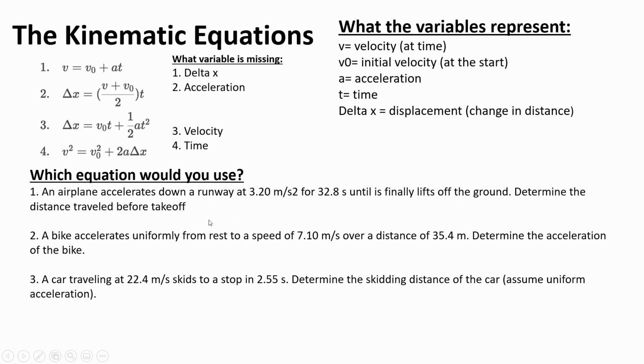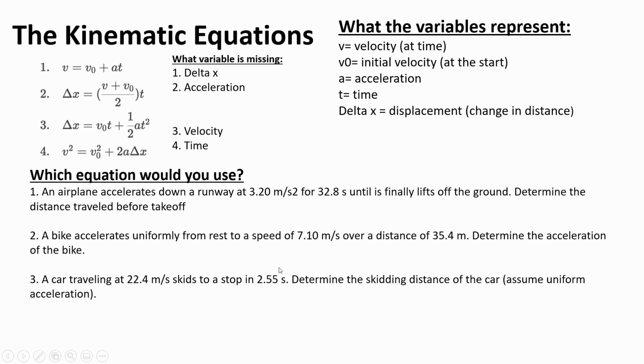All right, so for question 3, a car traveling at 22.4 meters per second stops in 2.55 seconds. Determine the skidding distance of the car. All right, so we have its initial velocity. We have its final velocity, which is 0 because we know it stops.